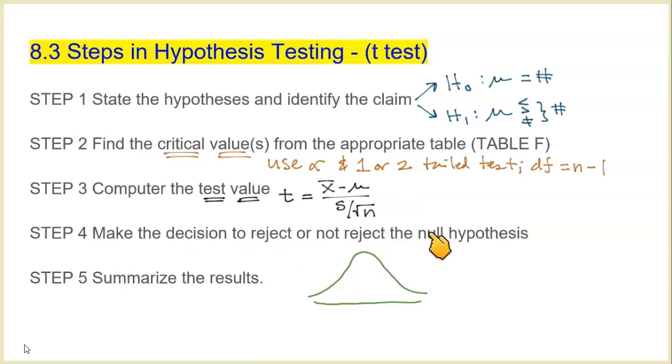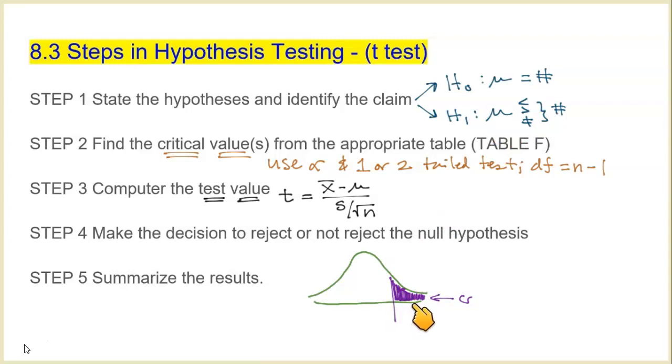Our decision more or less will be very similar to the decision you made with the traditional method. Given a certain critical value that we get from table F, you create a distribution. The region you shade in will be based on the alternative hypothesis. So this particular example would be a right tail test because of the greater than symbol.